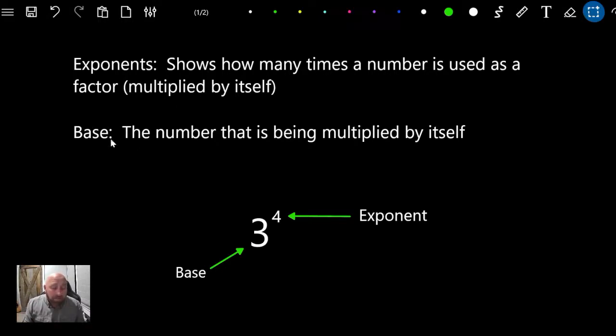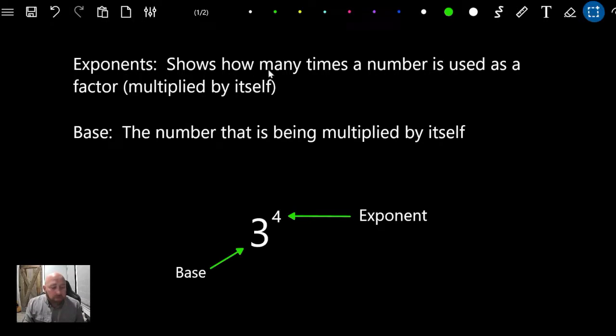The base is the number that is being multiplied by itself. Okay, so if we'll look down here, the number 3 in this example is our base. The number 3 is the base. The number 4 up here, this little number up to the upper right of our 3, is called our exponent. Now, let's look back at our definitions.